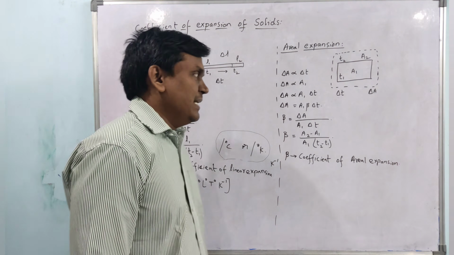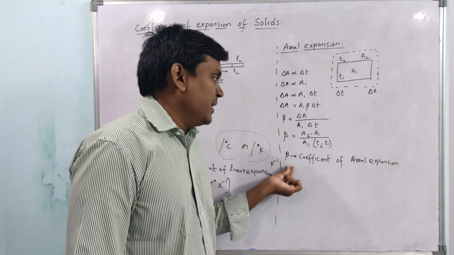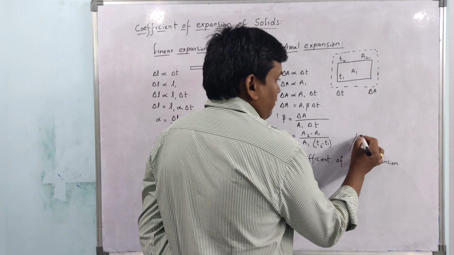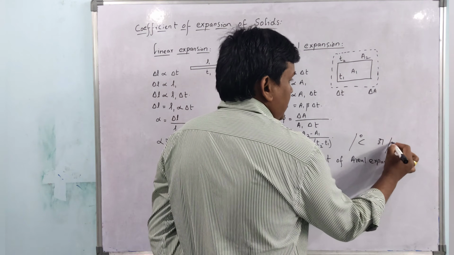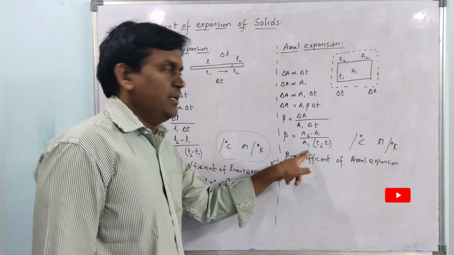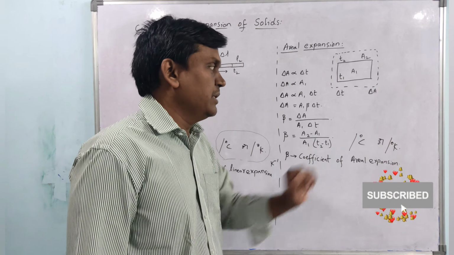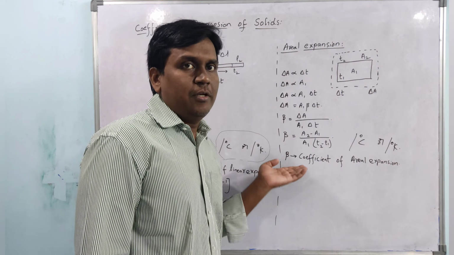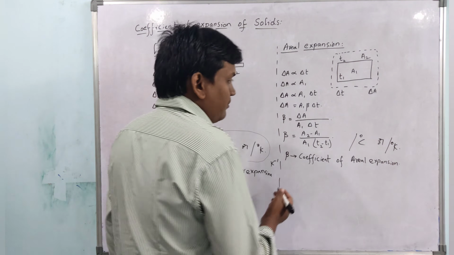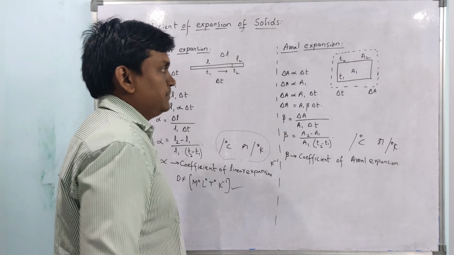The unit is the same, per degree Celsius or per degree Kelvin, as area and area will cancel, so we will have only the temperature units. The dimensional formula is also the same.